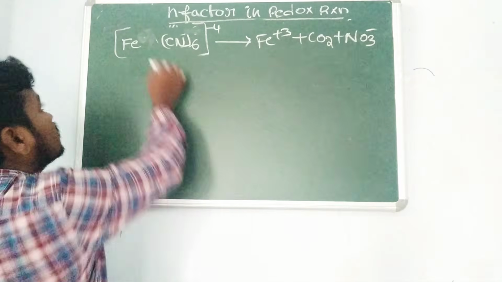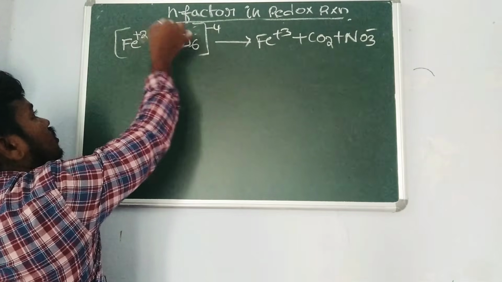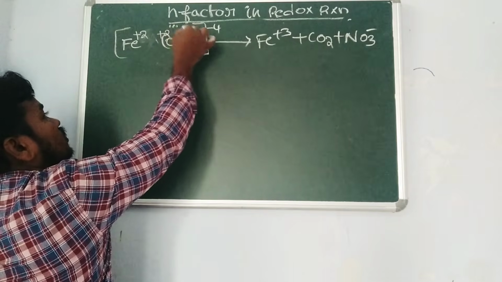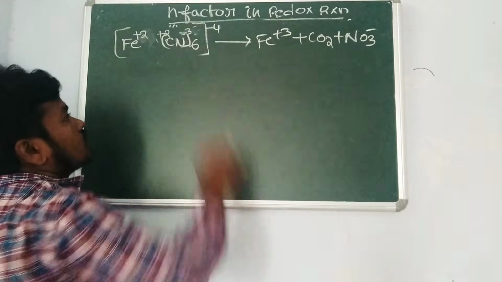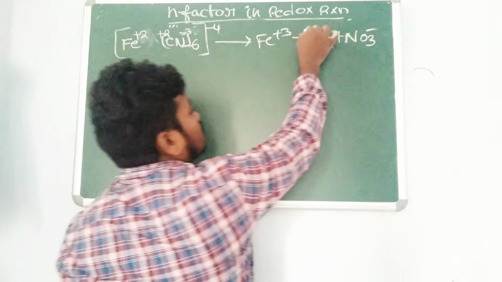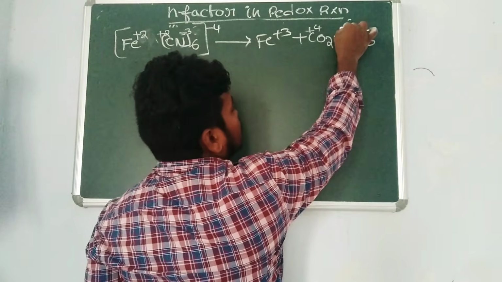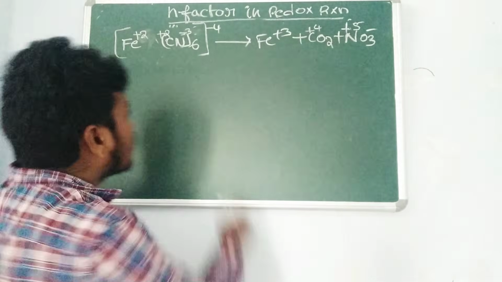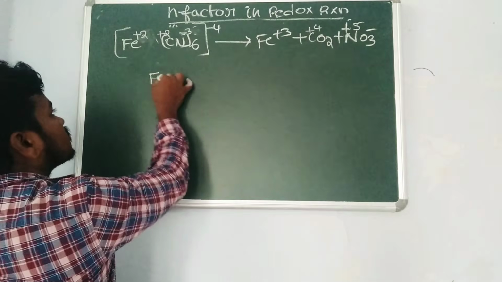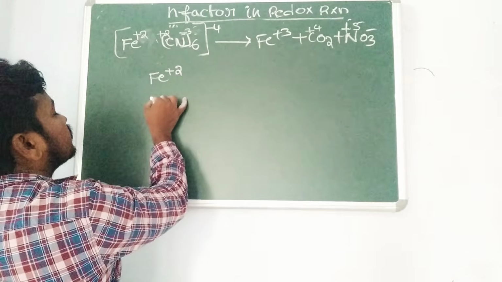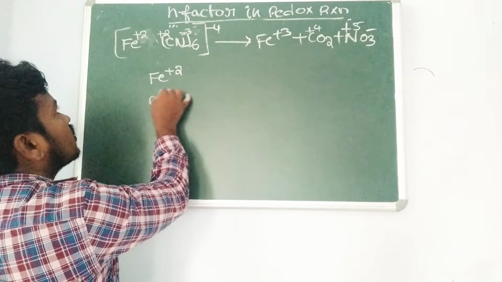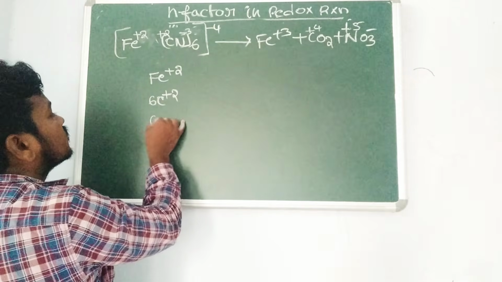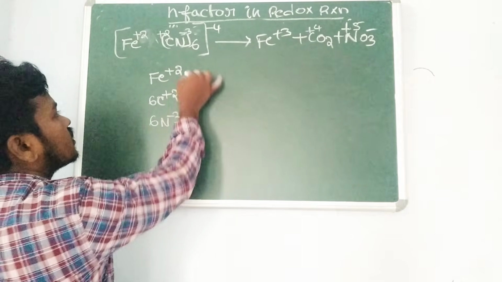So here you can see iron having +2, carbon having +2, nitrogen will show -3 oxidation state, carbon will show +4, here it will show the +5 oxidation state, we can check. So now we can write whatever the change in the oxidation state. Fe, 6 carbon +2 and 6 nitrogen -3.